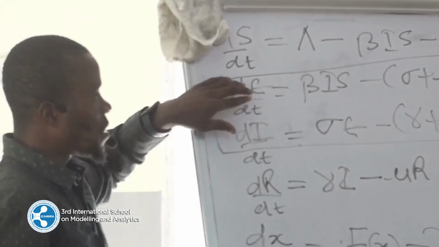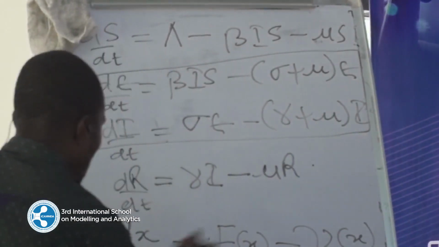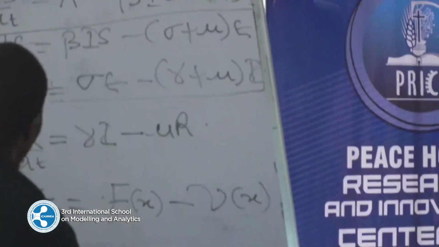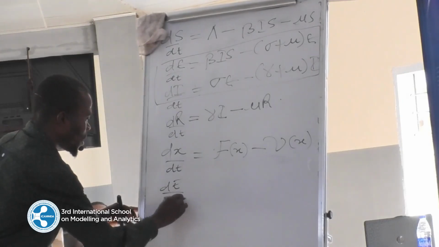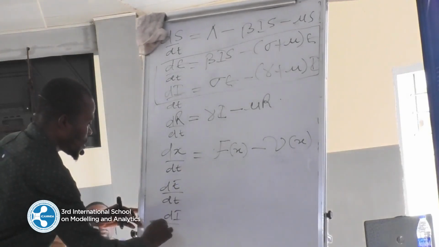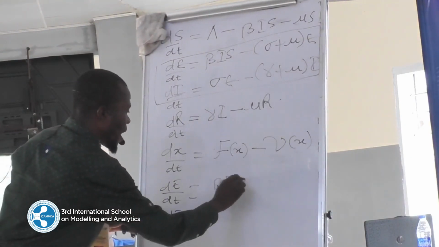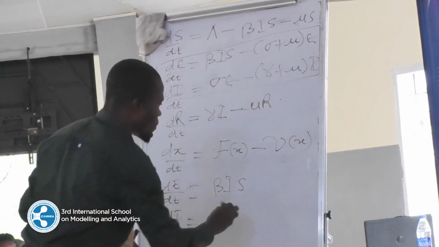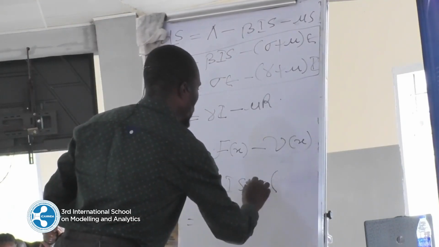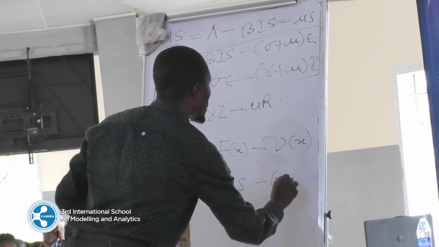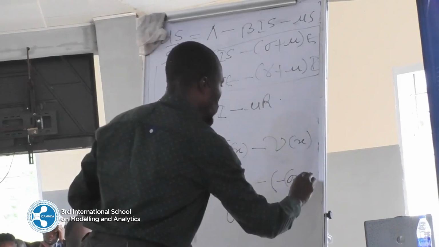What term is that? Beta IS. So I can put it in this form such that dE/dt, dI/dt is equal to beta IS, 0, minus sigma plus mu times E.